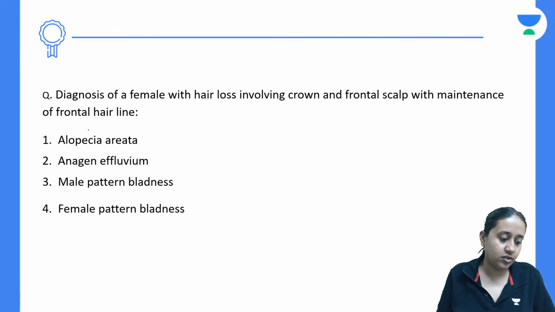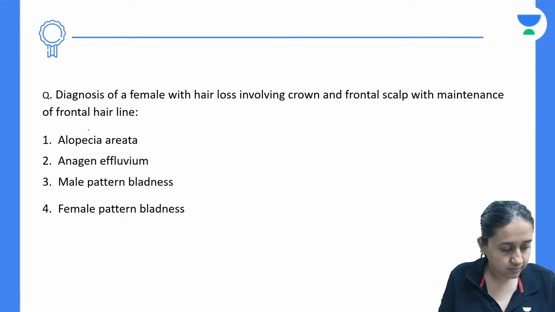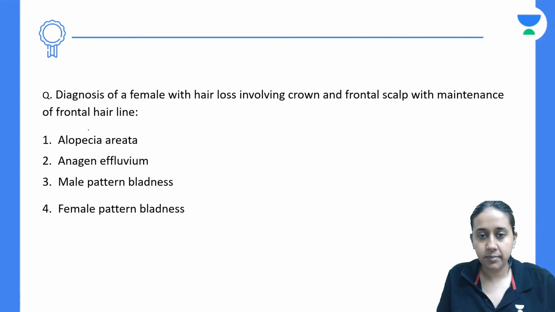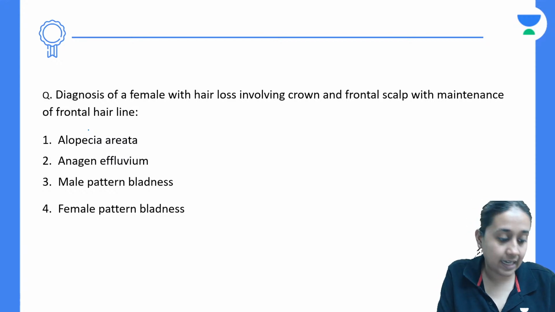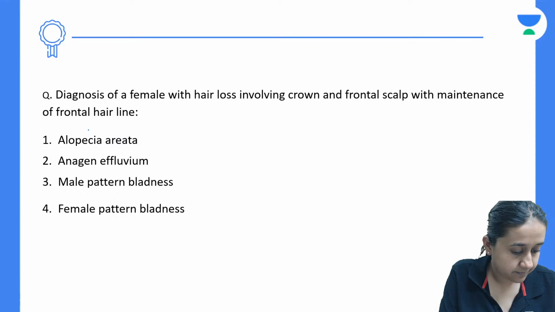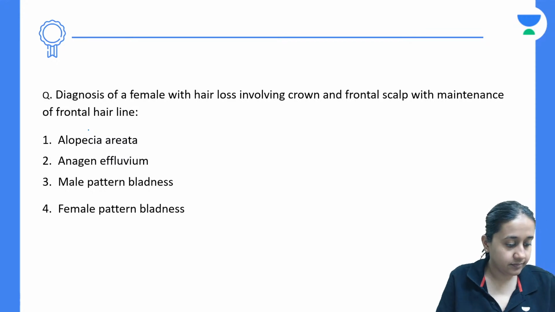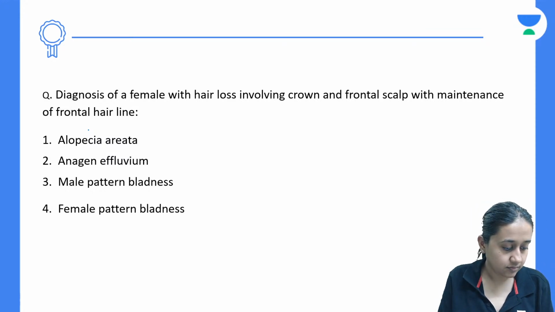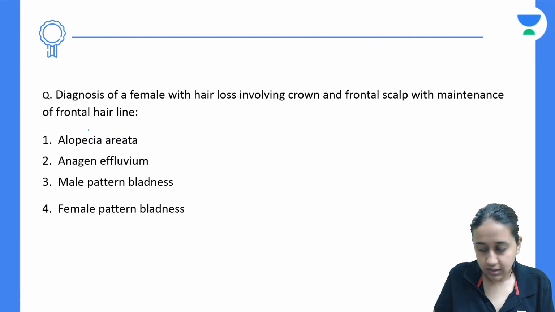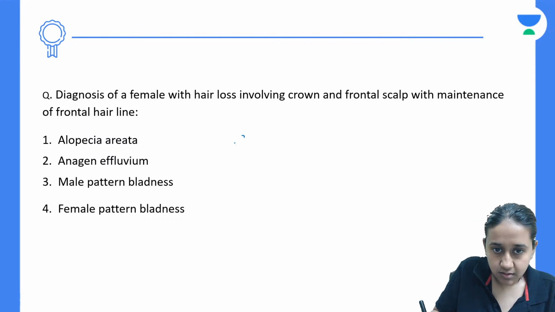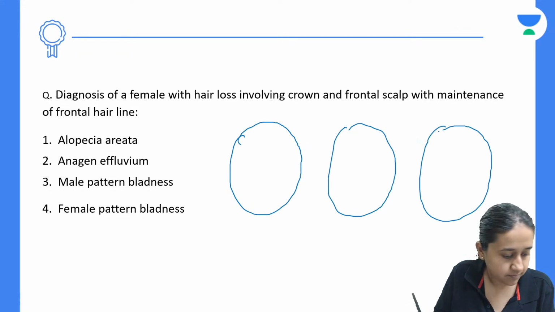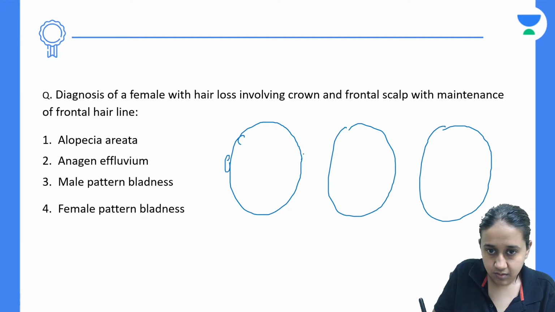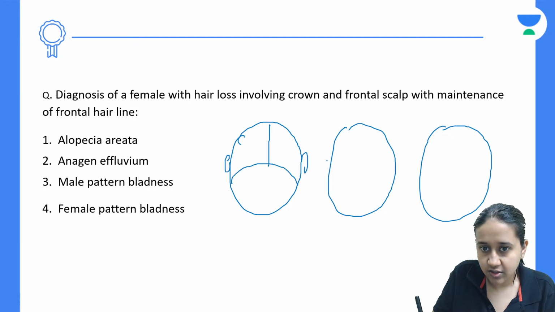What is the correct answer? Diagnosis of a female with hair loss involving the crown and frontal scalp with maintenance of the frontal hairline. Very nice. In female, if this is the scalp, the scalp margin or the frontal margin is always maintained.